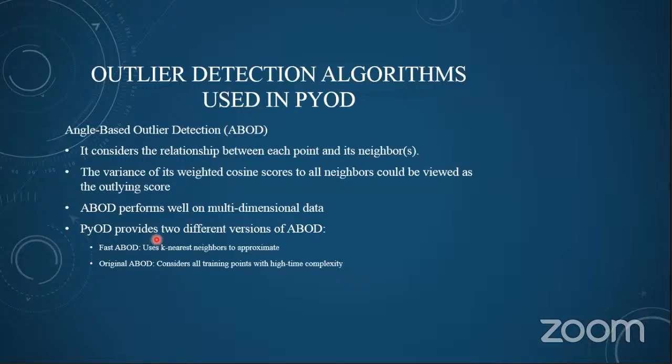The first one is the angle-based outlier detection, or ABOD. We have some data points, and between each point the relationship is calculated based on weighted cosine scores, and the outlier scores are calculated. Outlier scores means, suppose we have 2 data points at a particular distance.